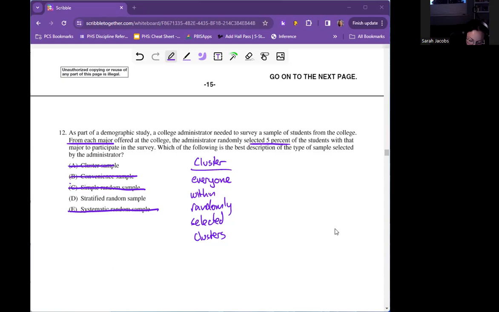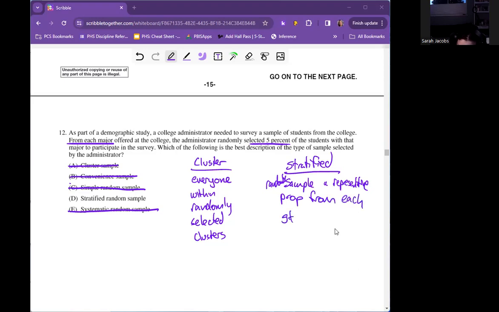So that's not it. What this describes is a stratified random sample, which is where you randomly sample a representative proportion from each strata.